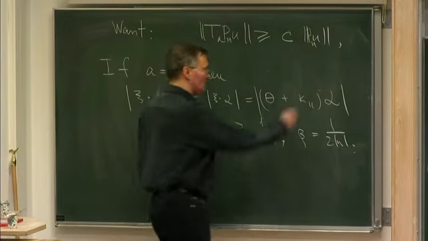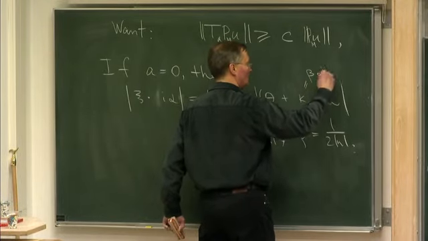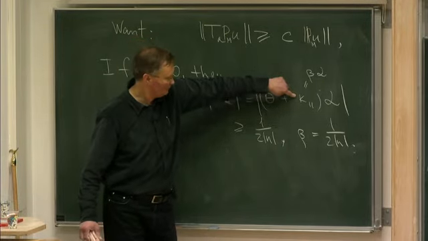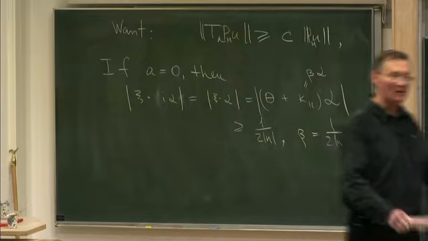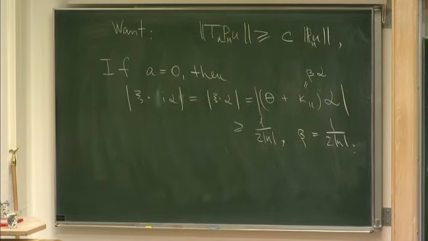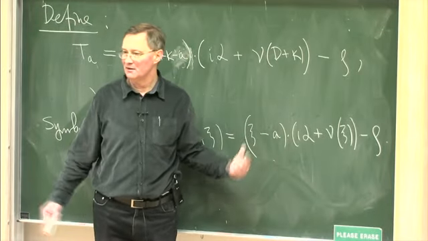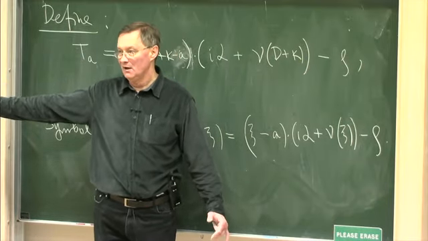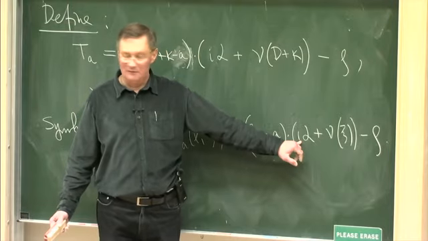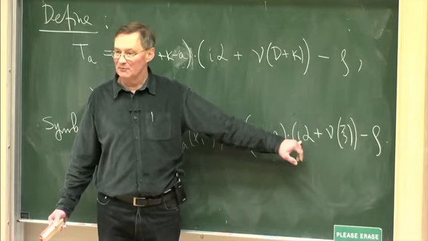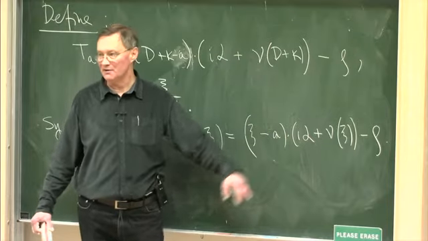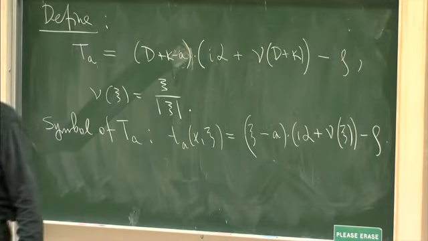Right, so beta is the coefficient in front of alpha here. Okay, so if the magnetic potential is absent, we can immediately estimate this by something from below. The crucial point here is that we have the imaginary unity here. Right, so we can take the imaginary part and estimate it. We don't care about the real part.